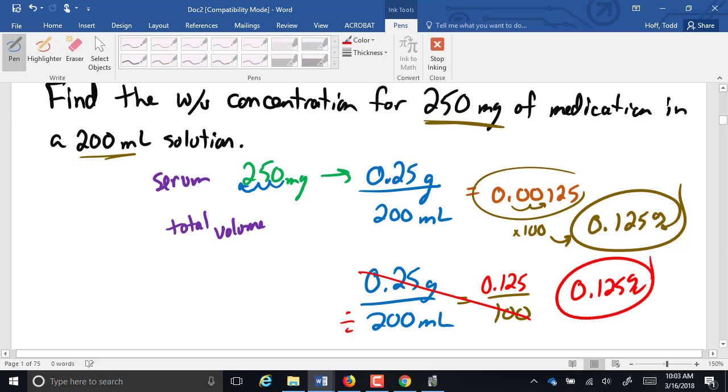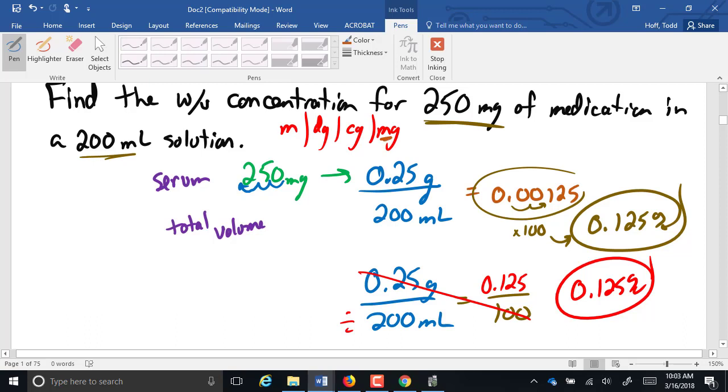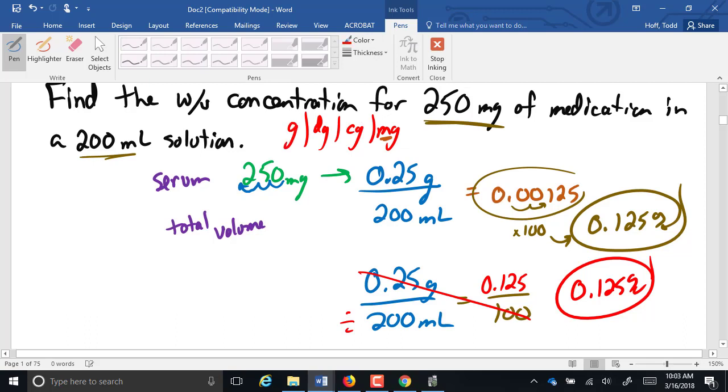Three spots, yes. If you look at our metric chart, to get from milligrams, I should put grams here, not meters. This is a percent here.